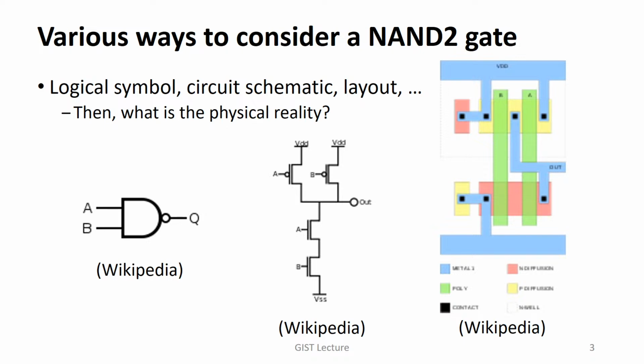There are various ways to represent a two-input NAND gate. For example, this is a logical symbol and this one is a circuit schematic. Usually you learn this kind of logical symbol in your second year in college.